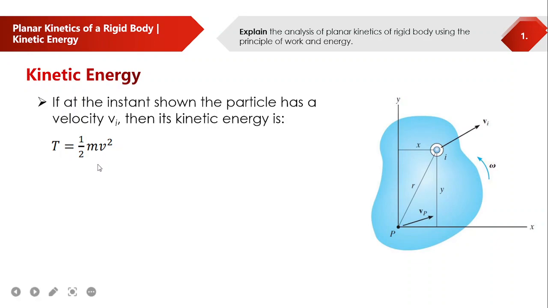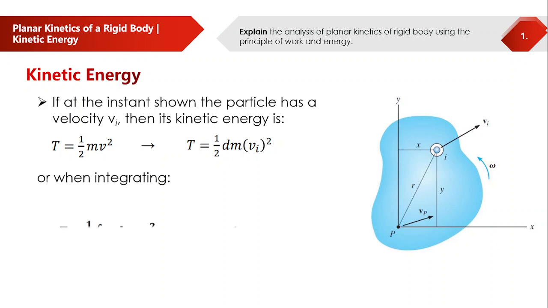So 1/2 mv squared. Or, since we are talking about the ith particle, which has a mass of dm and a velocity v sub i, that will be 1/2 dm v sub i squared. Or when integrating, this is what we get. So T equals 1/2 of the integral of dm times v sub i squared, integrated from m to the upper limit.